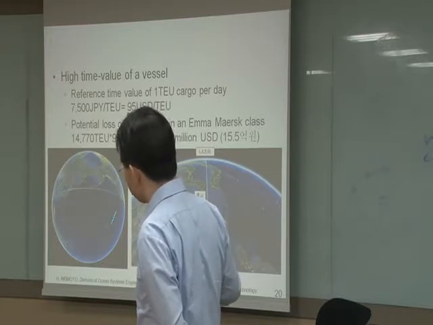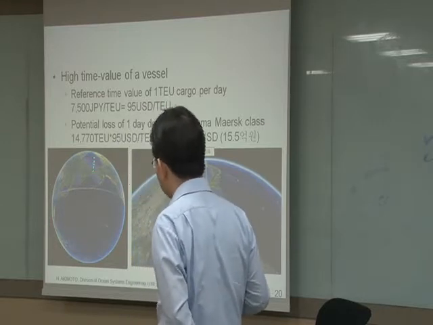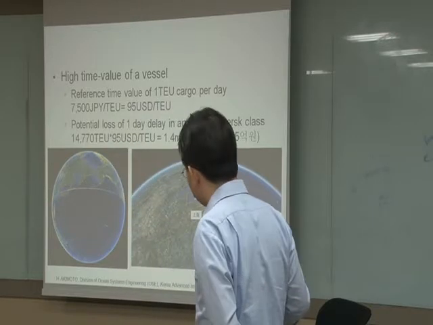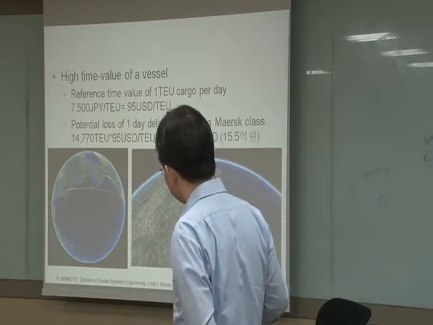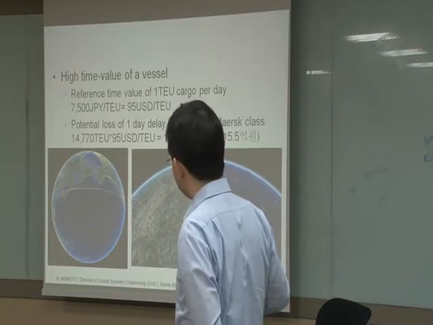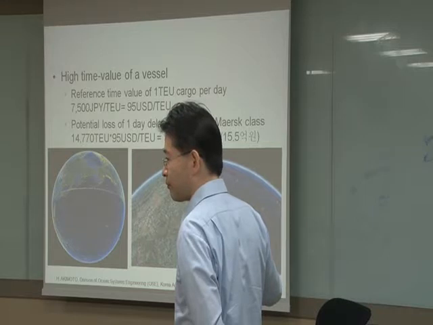You can check this one on Google Earth, and if you change the viewpoint like this, Hong Kong is here, and Shanghai and Busan, and you can recognize Japanese island, and the Korean Peninsula is here, and Los Angeles is here.